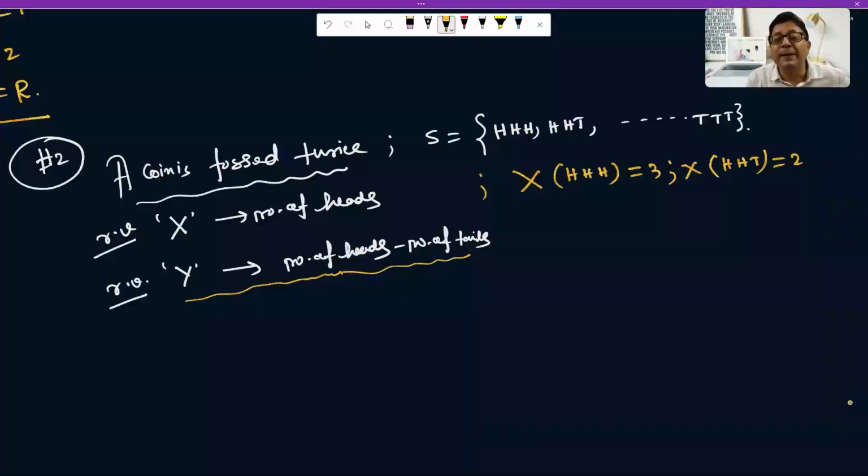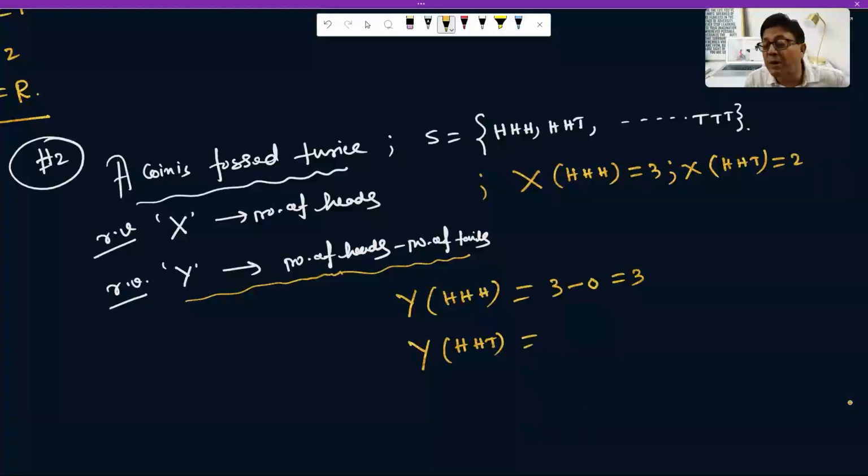So let us do the experiment by taking Y of HHH this time. This is going to be number of heads. Number of heads how many? 3. Number of tails? No. So the value is equal to 3. If you find Y of HHT, number of heads will be 2. Number of tails 1, its value is equal to 1.